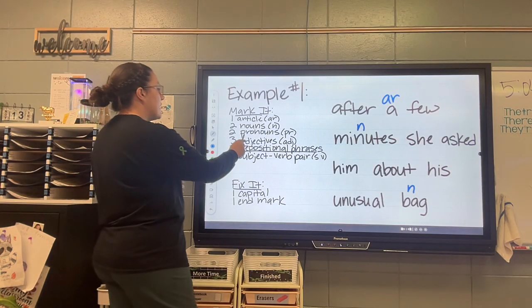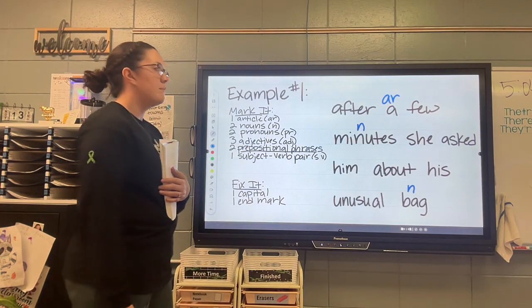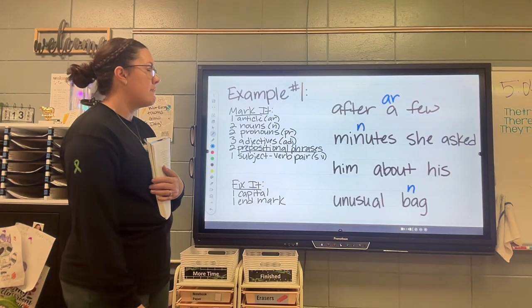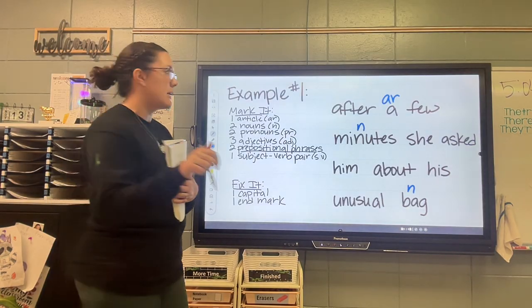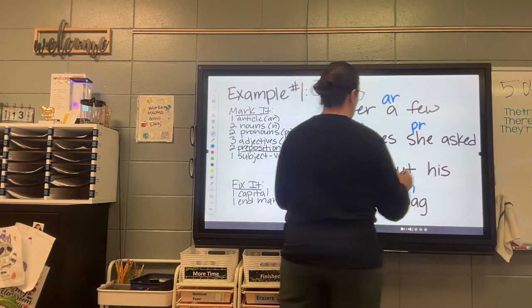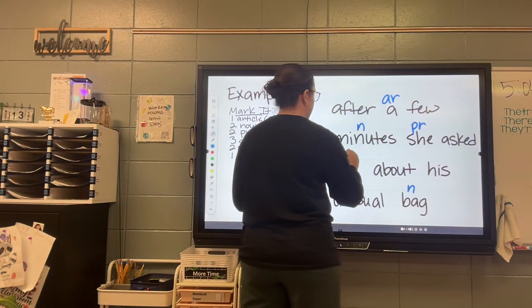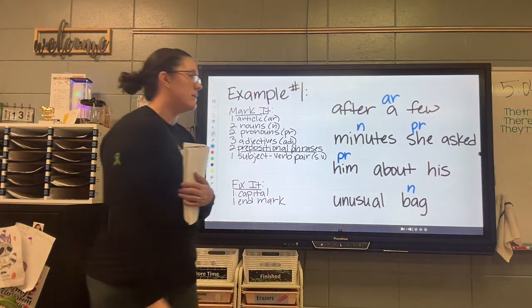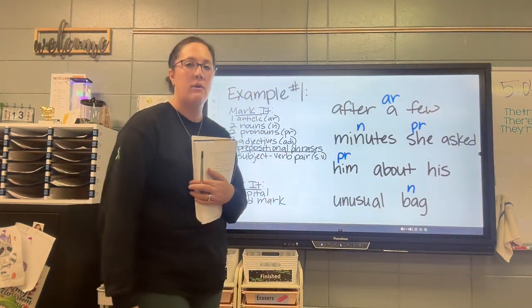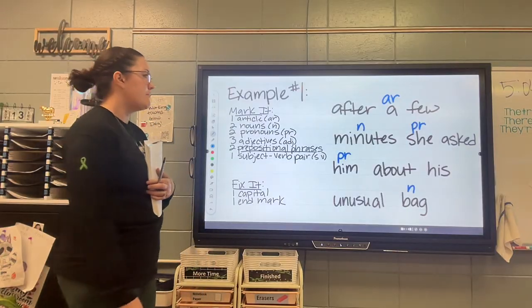Okay, now I have 2 pronouns. Some of you might get tripped up with this, but see if you can follow along, okay? So my 2 pronouns in this case are she, I'm going to mark it with a PR, and him. Those are my pronouns. Now some of you might be thinking, why isn't his a pronoun? We'll get to that in just a second.